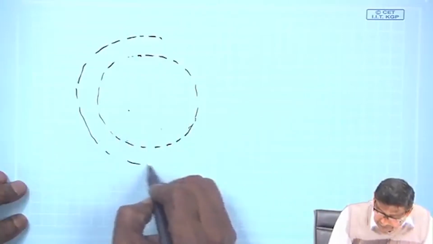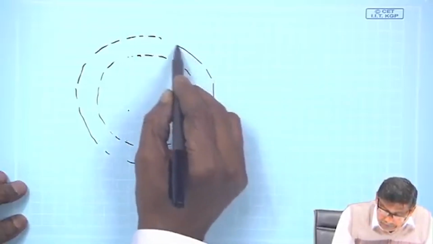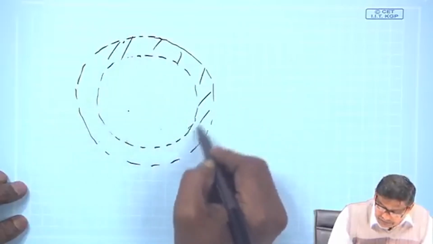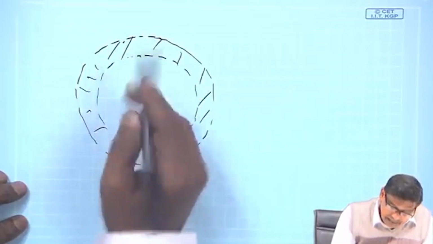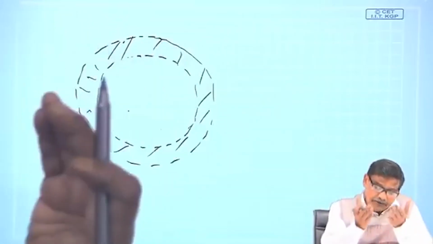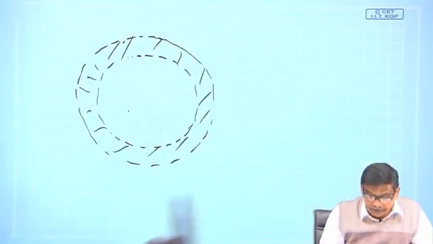Totally cylindrical, annular. I mean, these are iron, and it has got a length perpendicular to the paper. It goes around. So, made of iron.